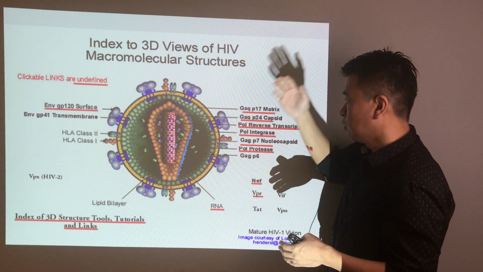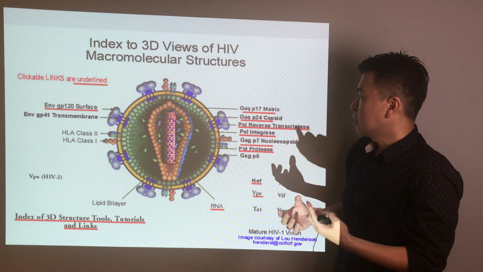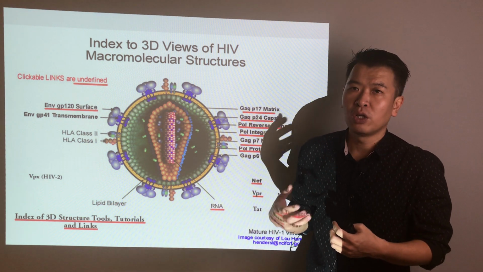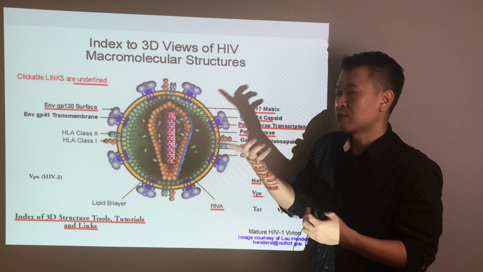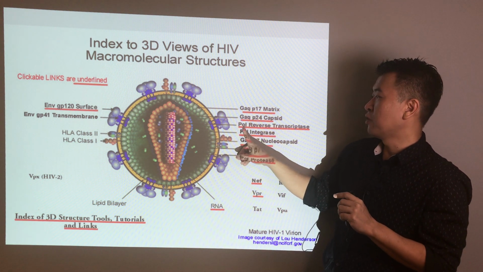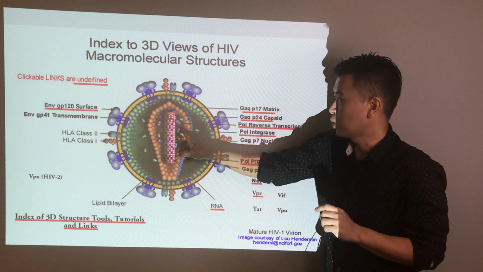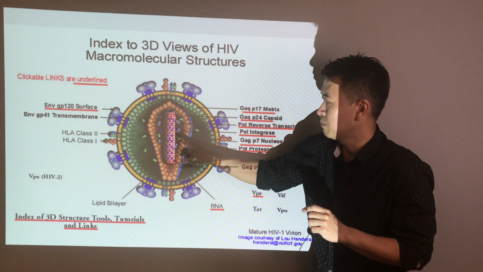All right. So inside, I mentioned that because the virus is a retrovirus, it needs to carry its own reverse transcriptase, which is coded by the polymerase gene. So in the polymerase gene, it codes for reverse transcriptase, which is present in the capsid.